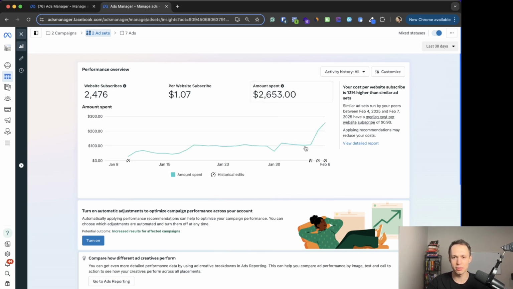But lately we've done quite a few changes, and I'm showing you two campaigns. Basically, those are the only campaigns we're running here. The biggest change we've done, unsurprisingly, is not some sort of bidding strategy or ad account structure. It's really just launching more creatives, new creatives, and very different creatives.